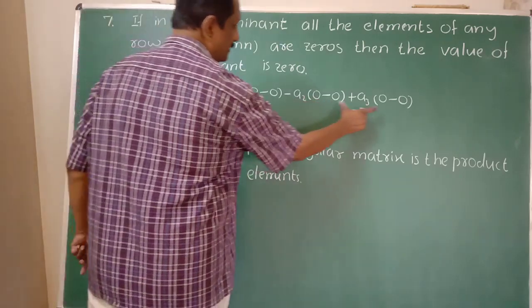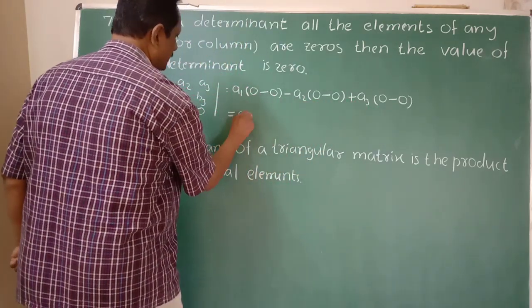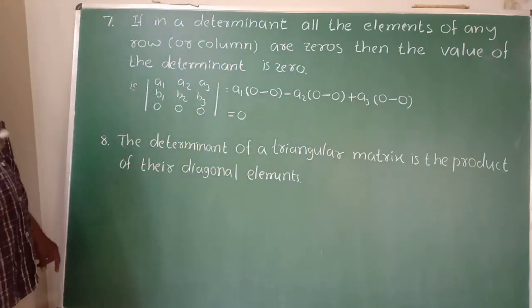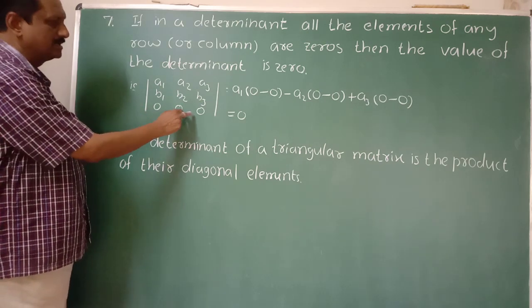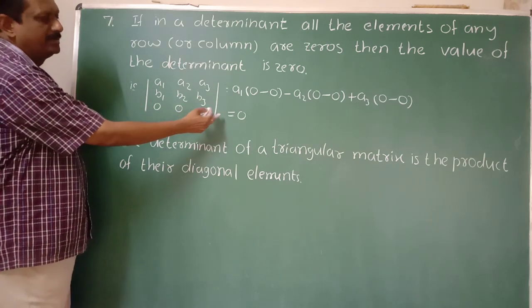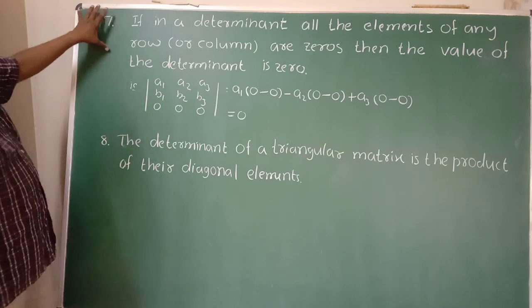All the terms become 0, hence this is equal to 0. So for any row or any column, if all elements are zeros, then the value of the determinant is 0. This is the 7th property.